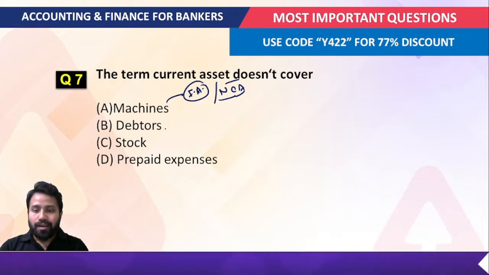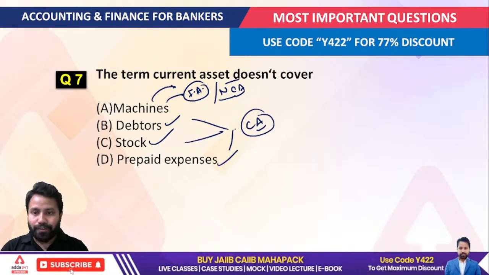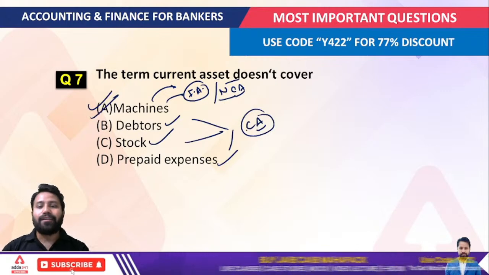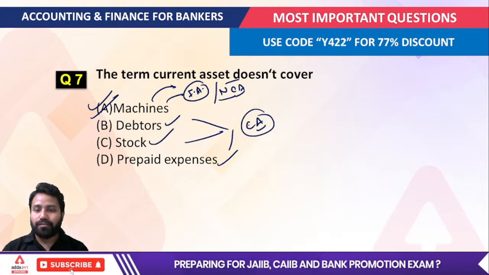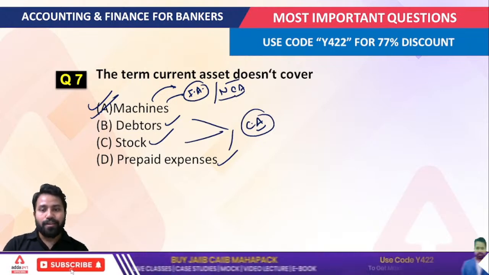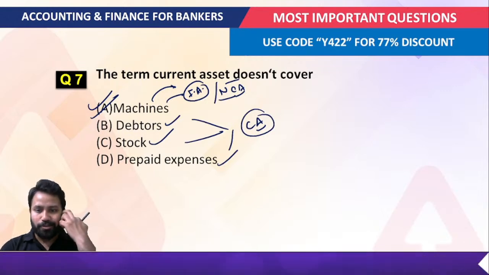So debtors, stock, and prepaid expenses are all considered current assets, while machines are considered a fixed asset. So the correct answer should be A, machines. This is how you have to understand how to solve the questions in the examination, right?